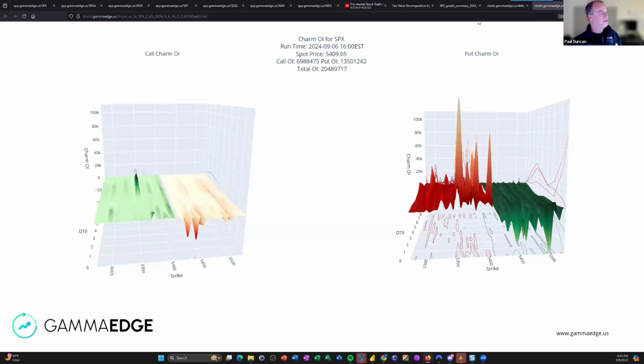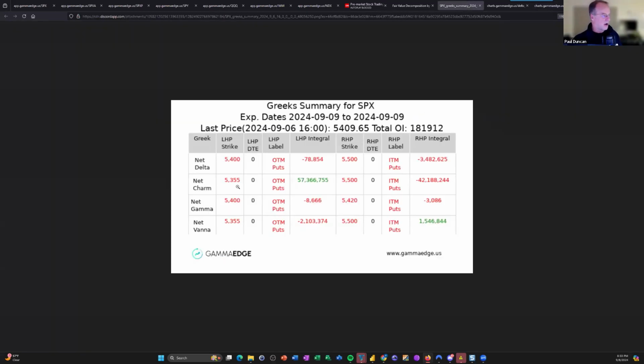What you want to be able to say is, okay, where are the key strikes? 53, 55. That's pretty far down. Let's hope we don't get that far down. We've got positive charm, but we know it's decaying. It's decaying from those out of the money puts. We also have in the money puts, which are now basically sitting on us.